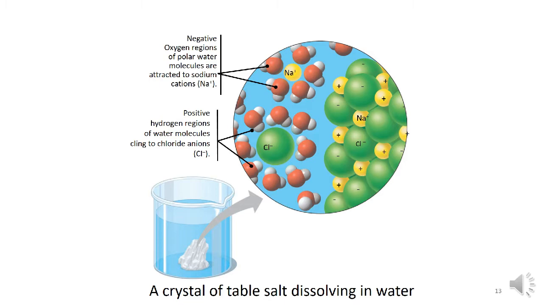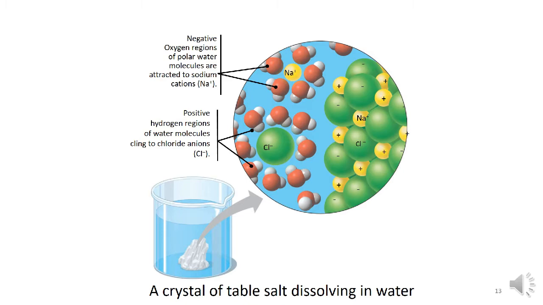So the oxygen region of the water will be attracted to this sodium, which is a cation, a positive ion. Meanwhile, the positive hydrogen regions of the water, the dipole positive of the hydrogen in the water molecule, are attracted to the chloride anions because the chloride is negatively charged. It is an anion, Cl minus.